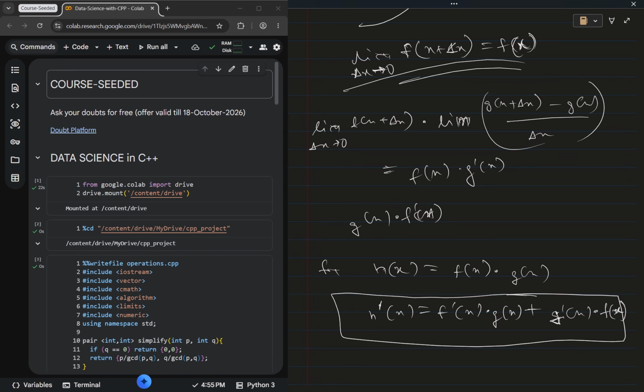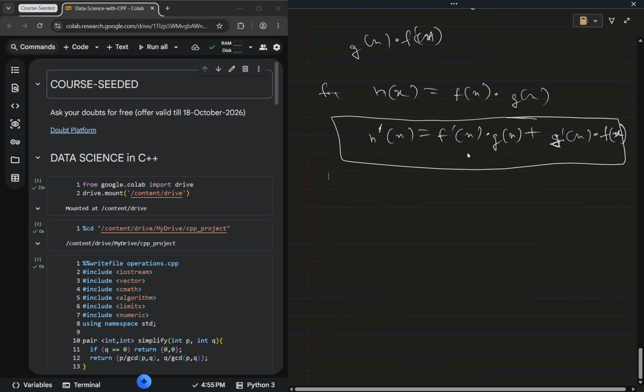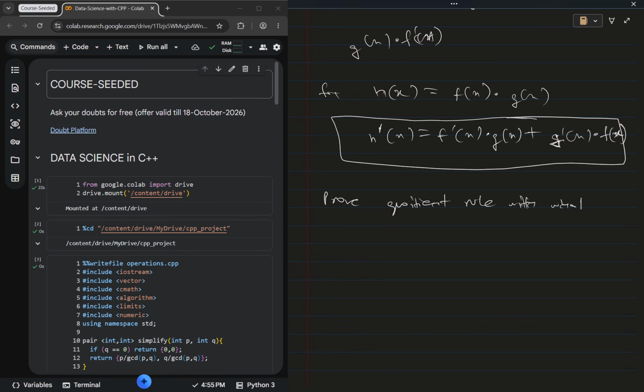So I think that's it for today. Your homework question is: prove the quotient rule with what we have studied till now.